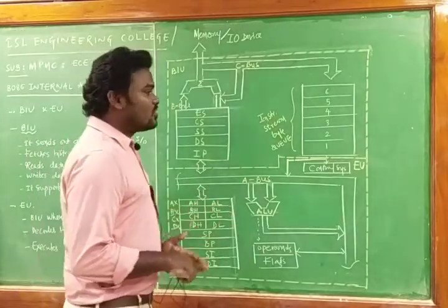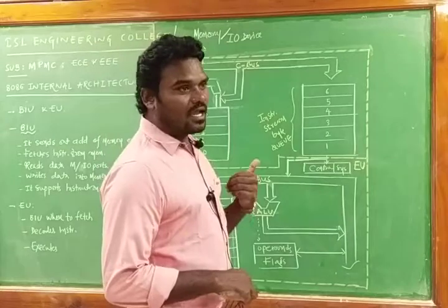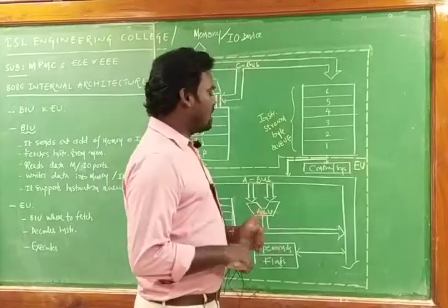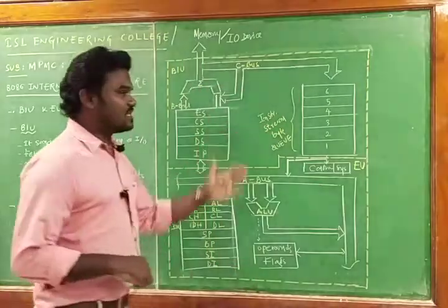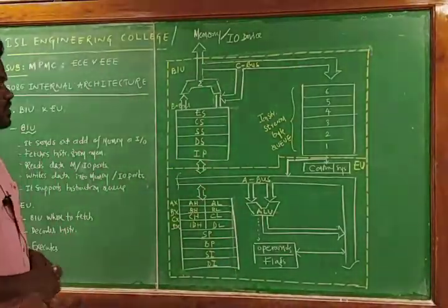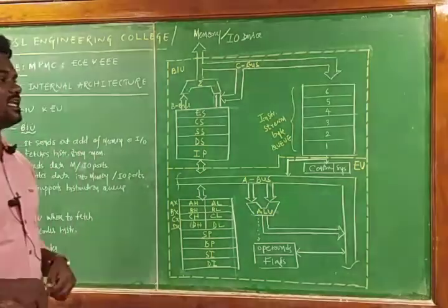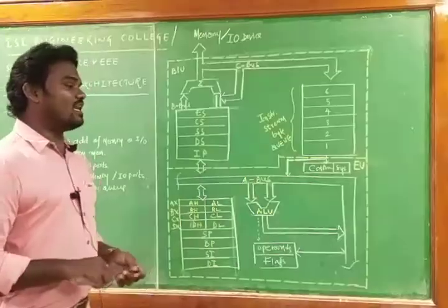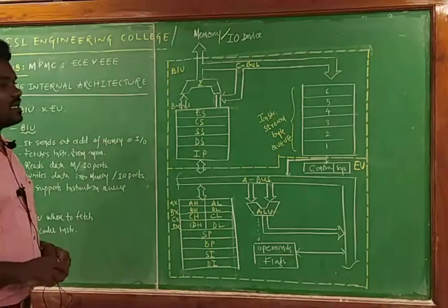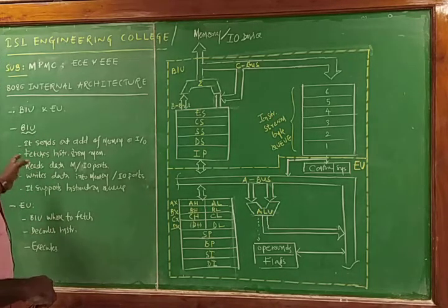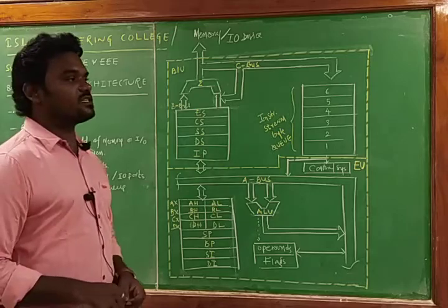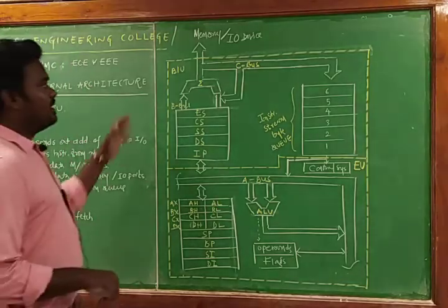While the execution unit is executing the current instruction, the same execution unit is going to take the instructions for the next execution, and this process of taking the next instructions while it is executing the current instruction is called the pipeline process, pipelining.